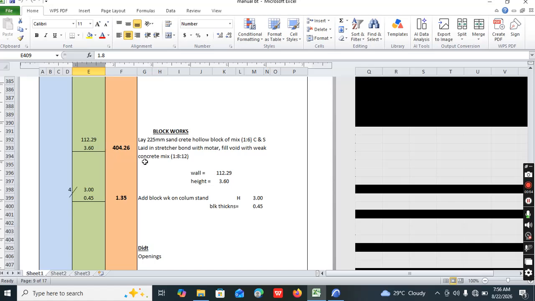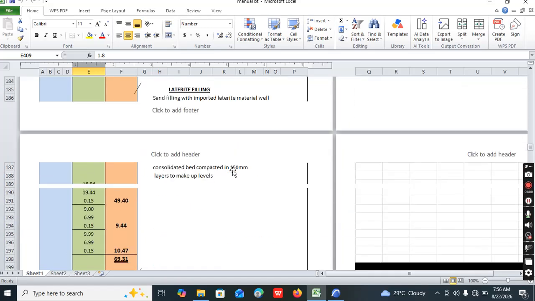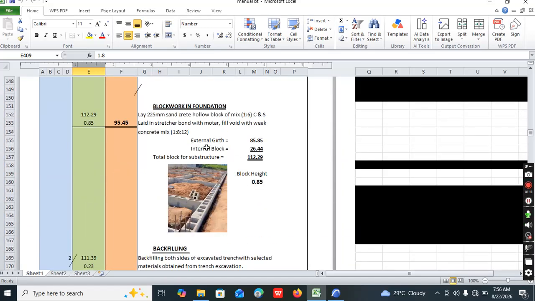For block work, we have the total wall that we derived from our GAT during the time we were measuring the substructural block wall. So you can see it. This is the internal and the external.